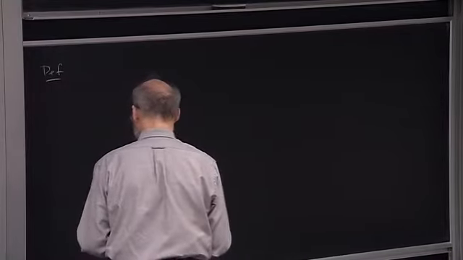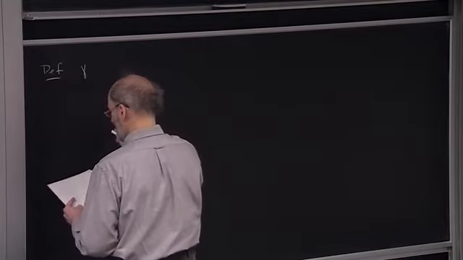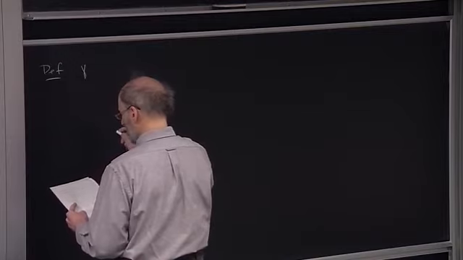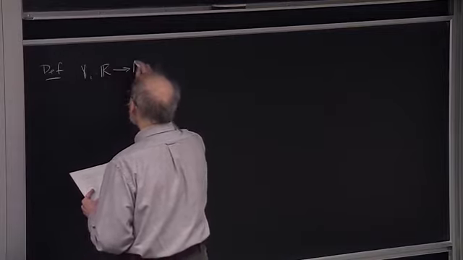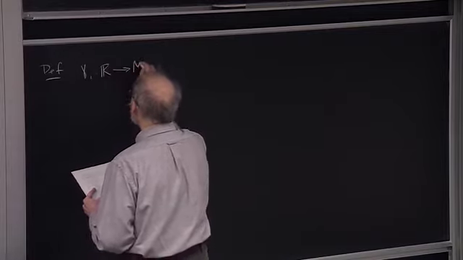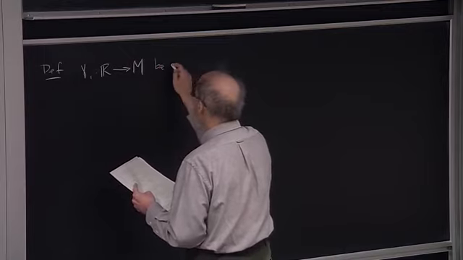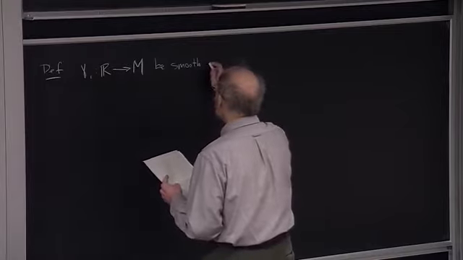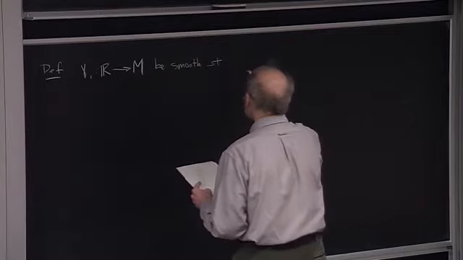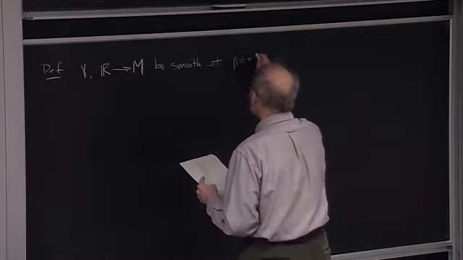In defining tangent, let gamma 1 be a curve, right? So under a map of the real line into the manifold, it's a moving point in the manifold described by some parameter, intuitively. Let it be a smooth curve such that gamma of 0 equals p.